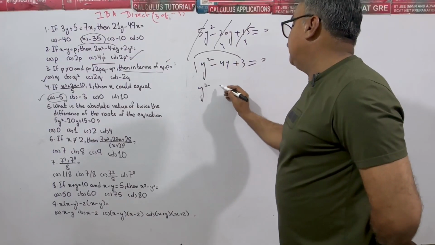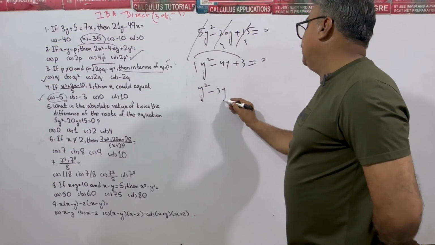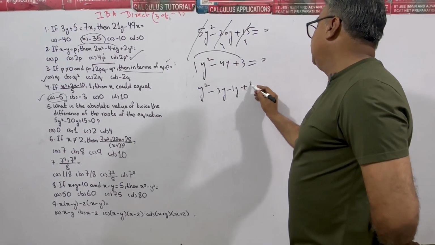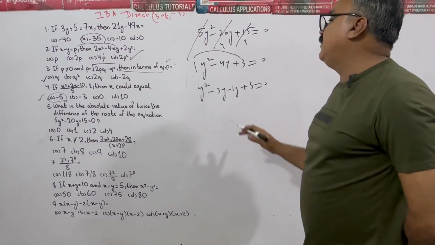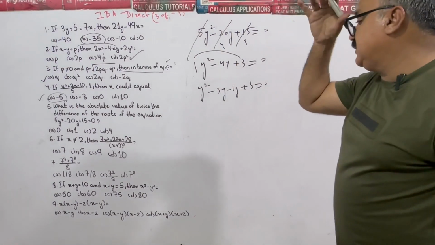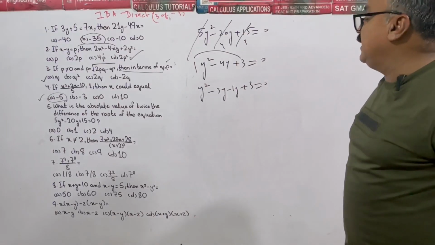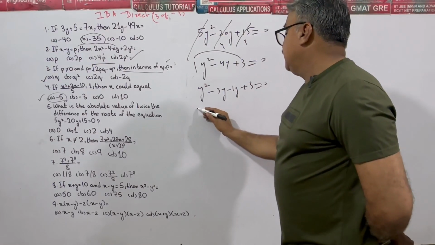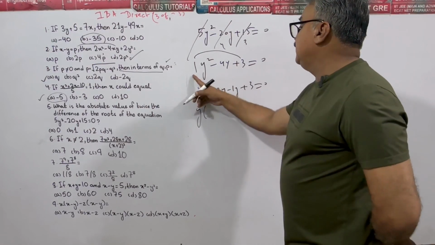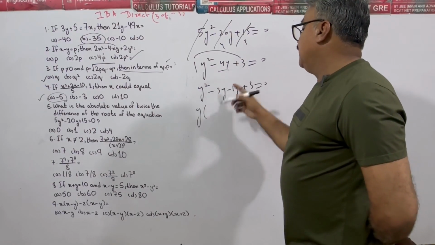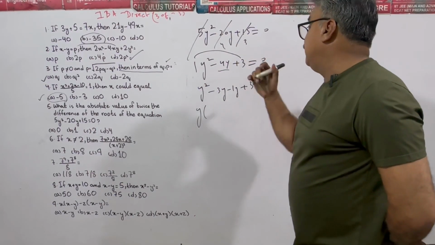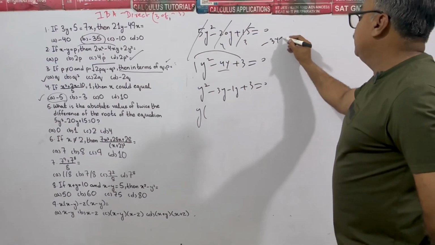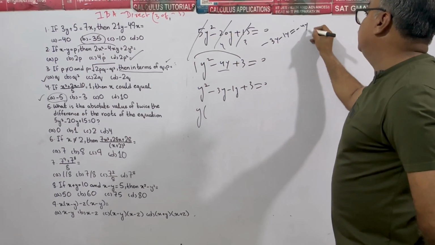Applying middle breakup, y square minus 3y minus 1y plus 3 is equal to 0. Minus 3y minus 1y is minus 4y.